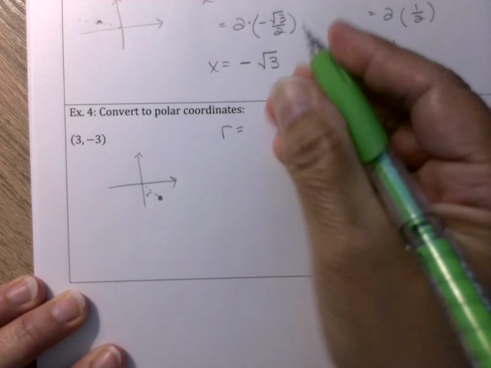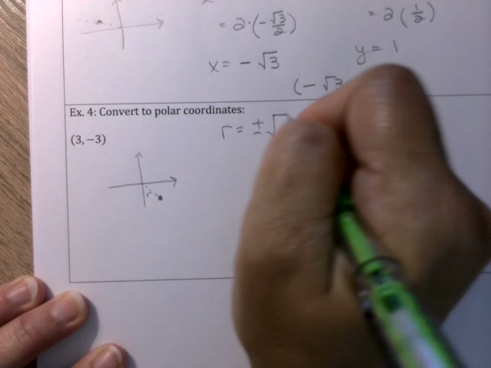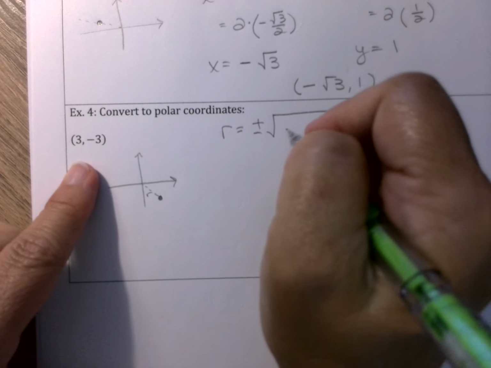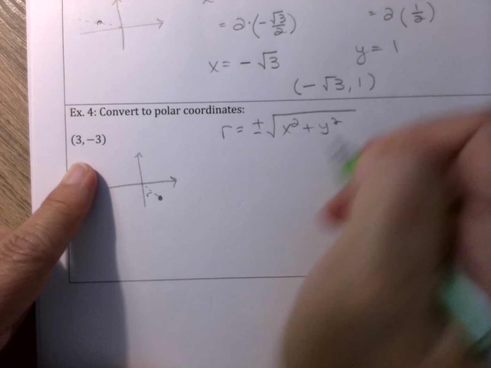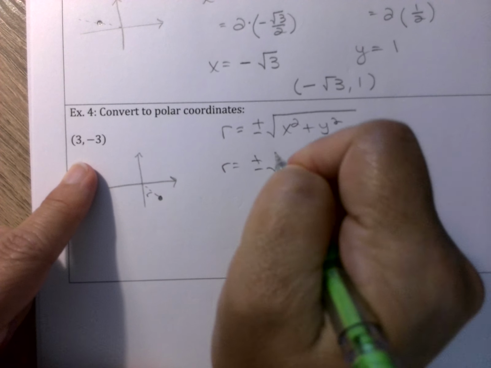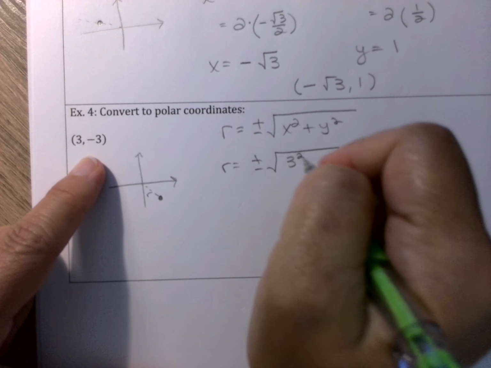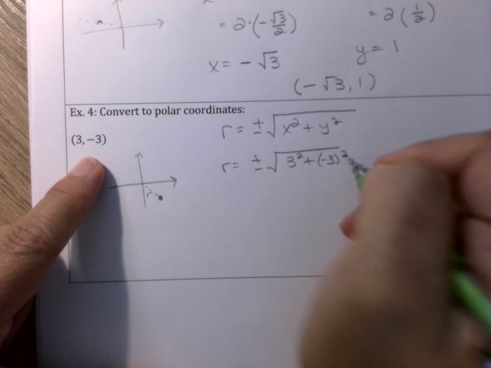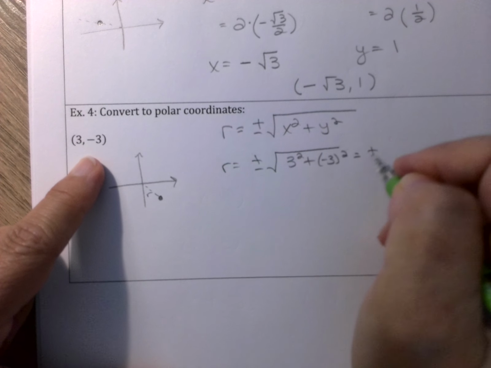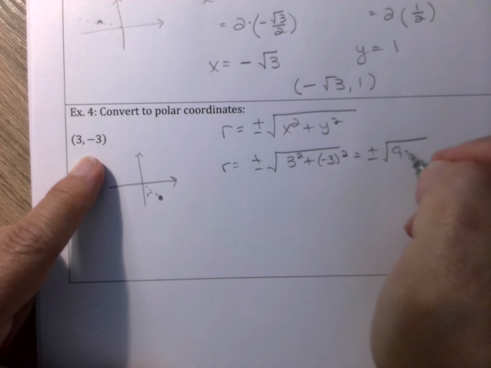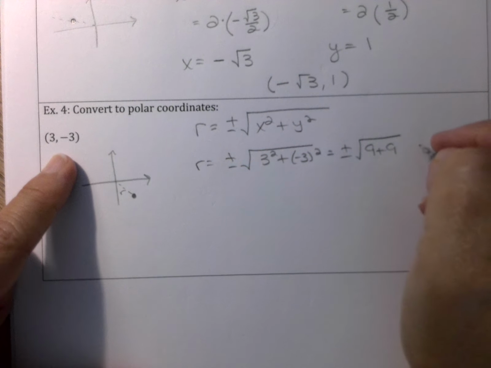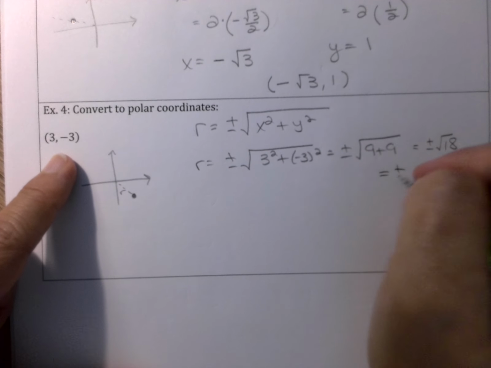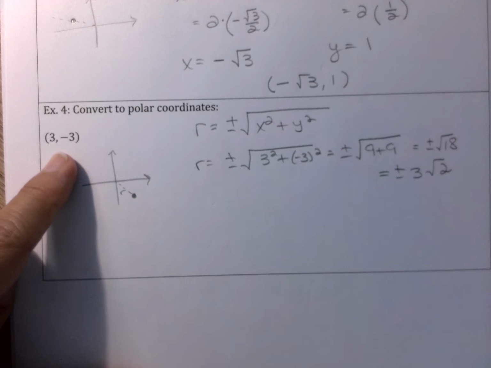r is equal to positive or negative square root of x squared plus y squared. So 3 squared plus negative 3 squared is equal to the square root of 9 plus 9, square root of 18, or 3 square root of 2.